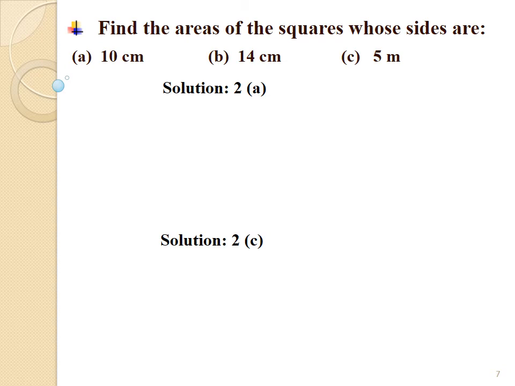Now, question number 2. Find the areas of the squares whose sides are given. Students, in this question, we have to find the area of a square and we have been given the side of the square. In order to find the area of a square using formula, you have to remember that area of a square equals side multiplied by side.